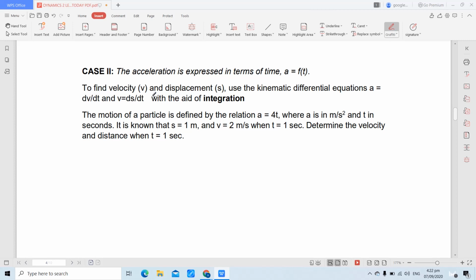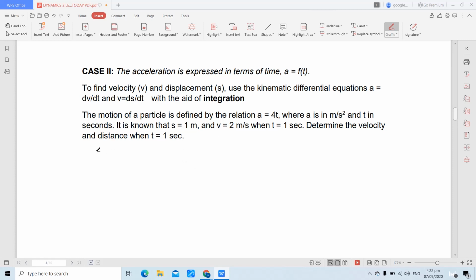To find velocity and displacement, that is just integration yung process. And then we will use the kinematic differential equations: A equivalent to dv over dt and v equivalent to ds over dt. Okay, let's take this example. Kumbaga yung case number 2, kabaliktaran lang ng case number 1.